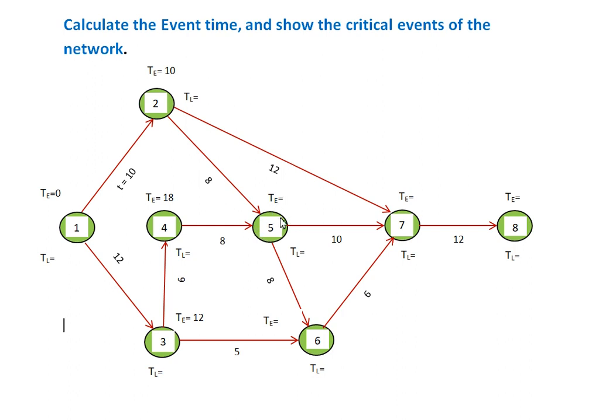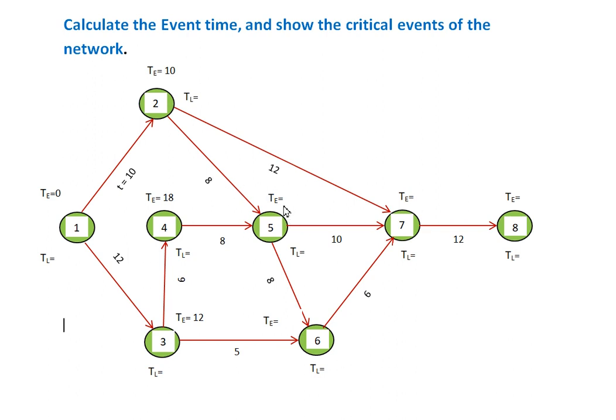This is one TE, and for event 5 there will be 2 earliest expected event occurrence times. If we follow the path 4 5, there will be one TE, and if we follow the path 2 5, there will be another, so there will be 2 times. One is 18 plus 8, which is 26, and another is 10 plus 8, which is 18.